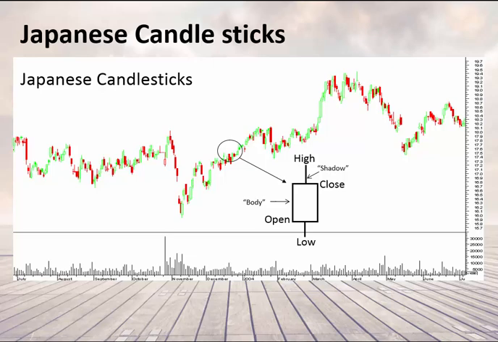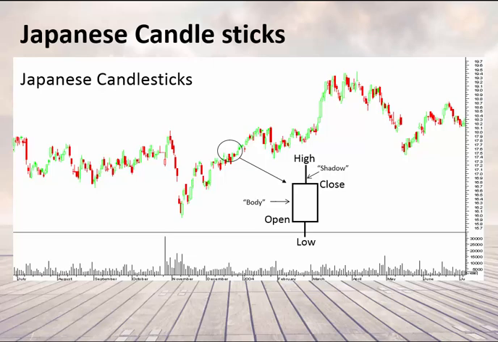So that's the difference between a bar and a Japanese candlestick, and that enclosed area represents what we call the body. In a Japanese candlestick, that zone between the open and the close, or the captured part, if you like, is what we refer to as the body of the candle. And the parts of the candle that are extending from either end are sometimes called the shadows, or alternatively they're often referred to as the wick.